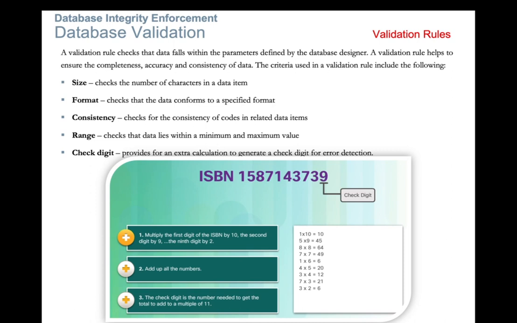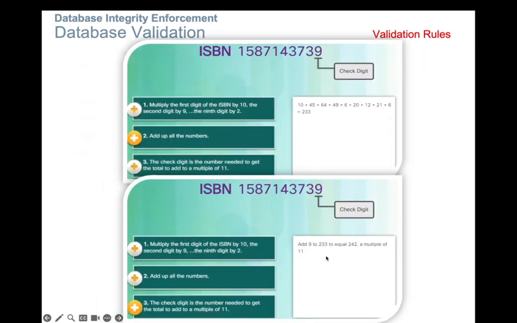Then add up all these results, that will give you the result 233 by adding all of this. So in this validation rule of check digit.